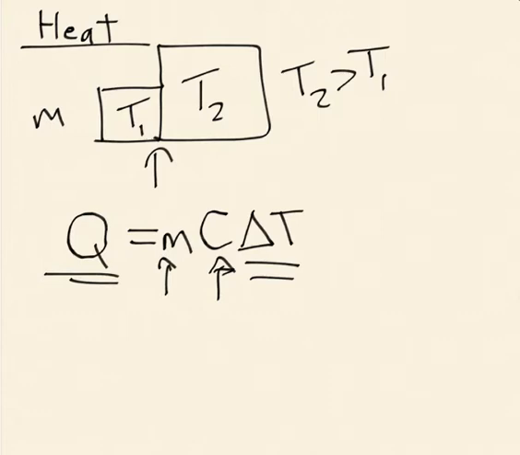Again, it's on a per atom basis because I'm counting up the number of atoms in this term. But for each atom in the material, how can I store energy? And again, that can be motion, it can be rotation, vibration, potential energy in the stretch of springs. All these things can be places where you store energy.